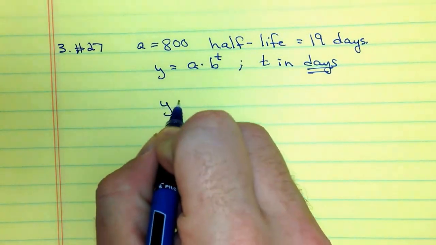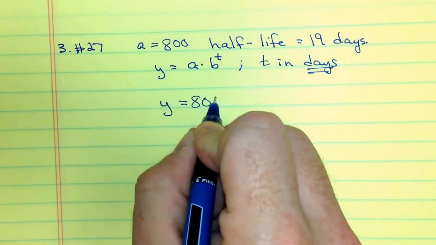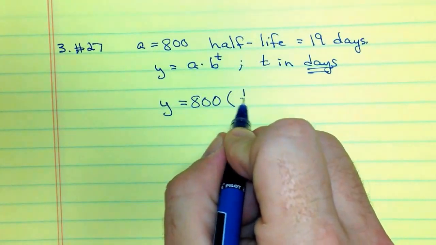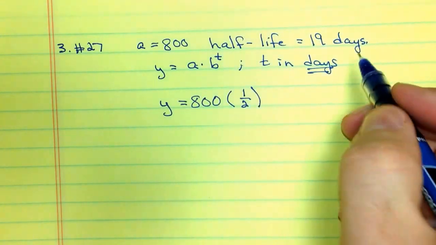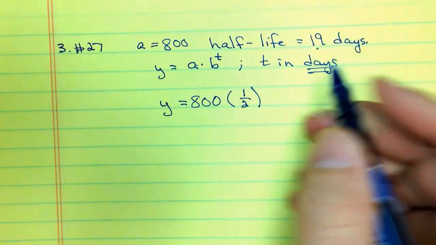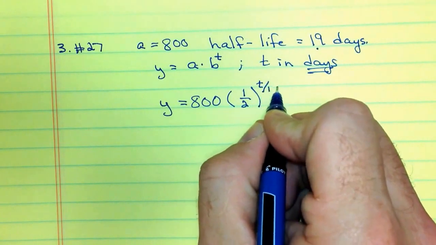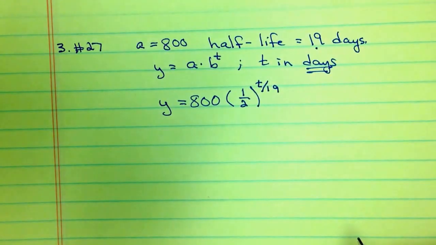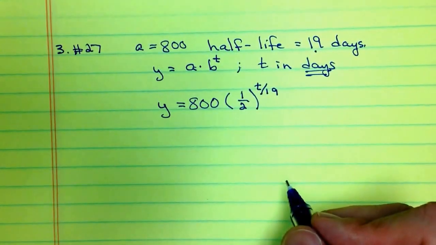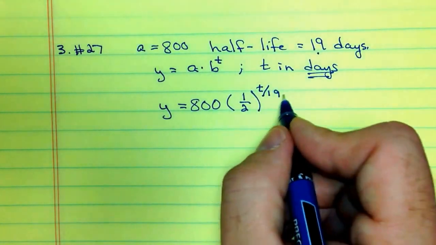So what we're going to use is the initial value, and then we're going to use 1/2 for the growth factor. But since we multiply by a half every 19 days, the exponent is t divided by 19. All right, well, we don't really want this kind of thing, so you apply the 1 over 19 power here.